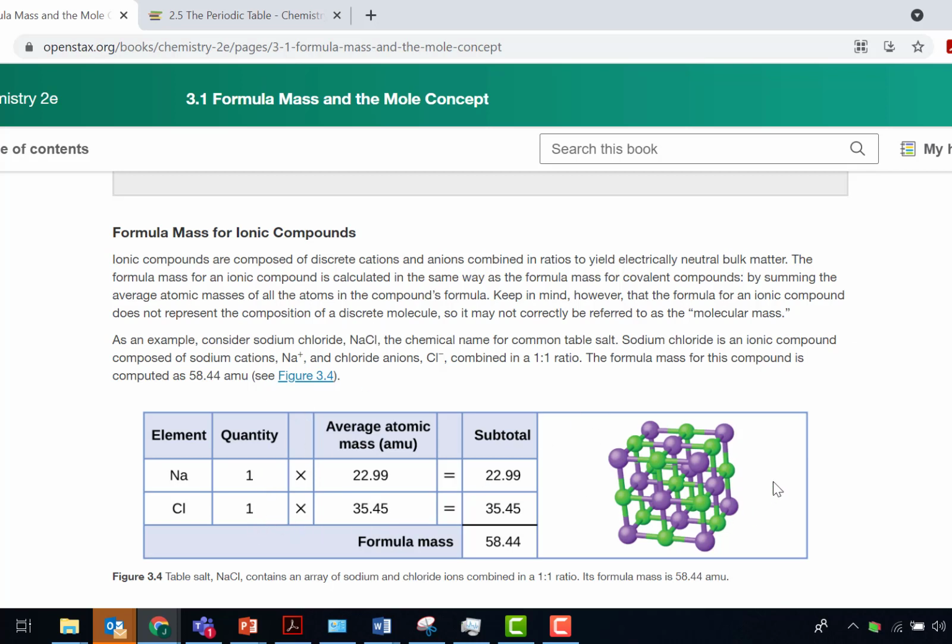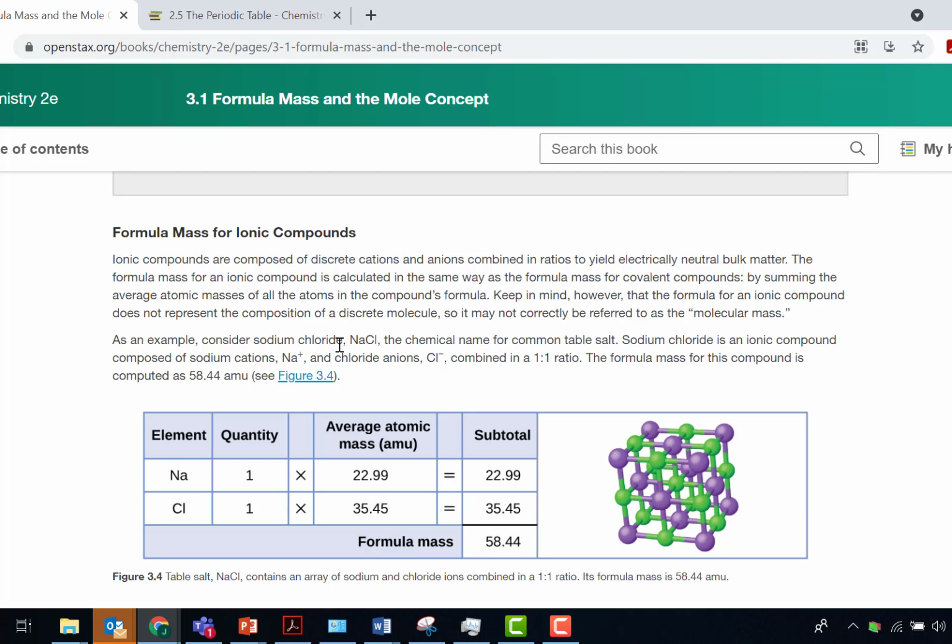What is different is what the formula mass actually means. So again, for an ionic compound, we're showing, okay, this is an ongoing crystal lattice structure. We don't have exactly 1 sodium and 1 chloride ion, but we have this formula mass based on whatever the simplest formula is, which is NaCl.